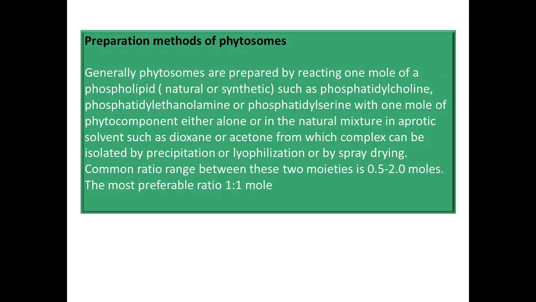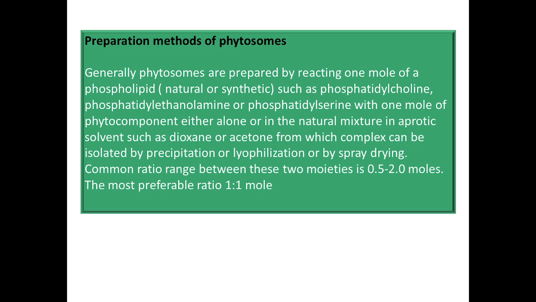Now, the method of preparation of phytosome. Generally, phytosomes are prepared by reacting one molecule of phospholipid, that may be natural or synthetic, such as phosphatidylcholine, phosphatidylethanolamine, phosphatidylserine, with one molecule of phytocomponent either alone or in natural mixture in aprotic solvent.